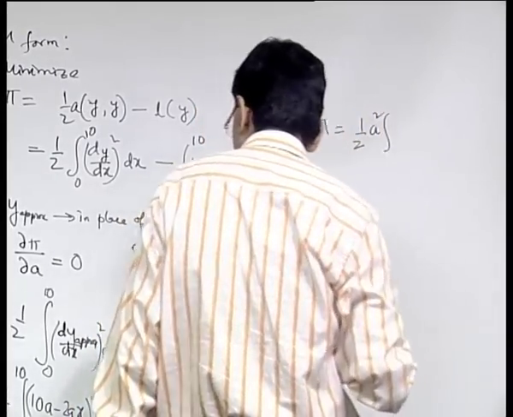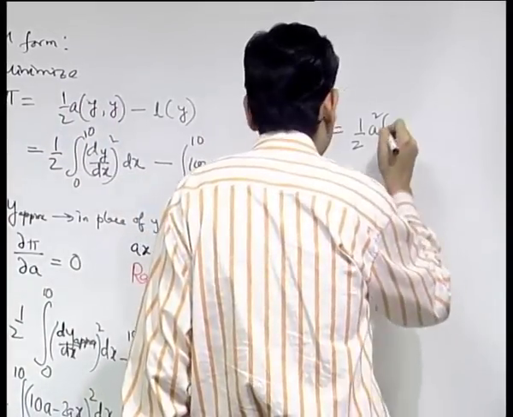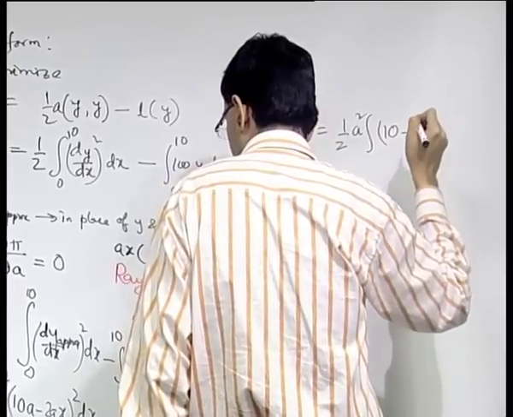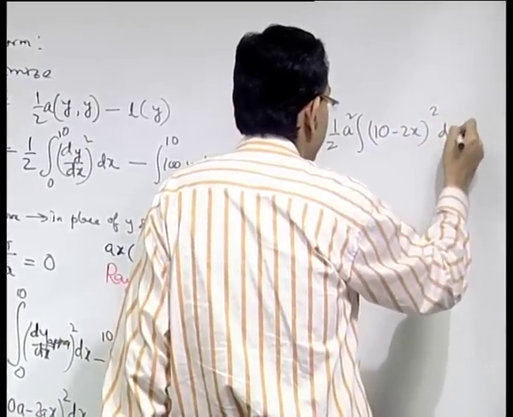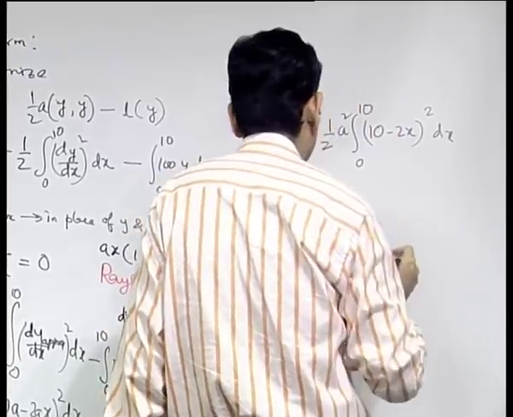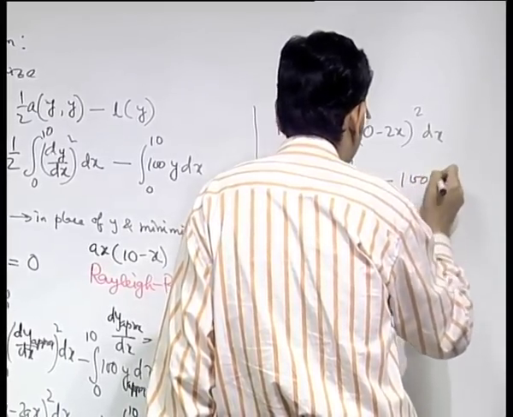There will be one a square, then 10 minus 2x whole square dx from 0 to 10, minus 100 a.